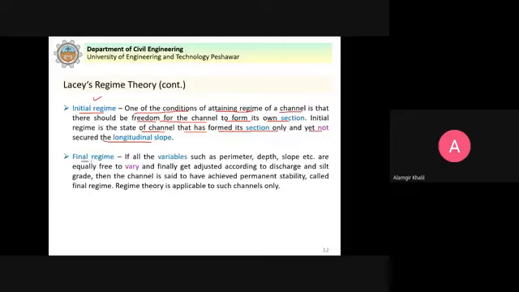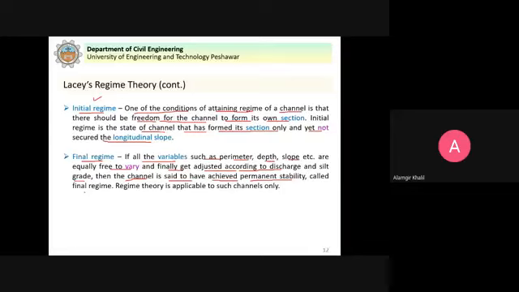Final regime: if all the variables such as perimeter, depth, slope, etc. are equally free to change and finally get adjusted according to discharge and silt grade, then the channel is said to have achieved permanent stability.